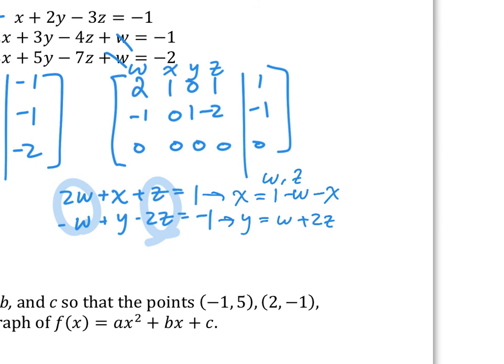So if we have this coordinate system that has 4 variables, W, X, Y, Z, then if the variable is W and I have a number for W, then X would be 1 minus W minus X. I'm sorry, not X, that should be a Z. And then Y should be W plus 2Z, and then Z is just itself.